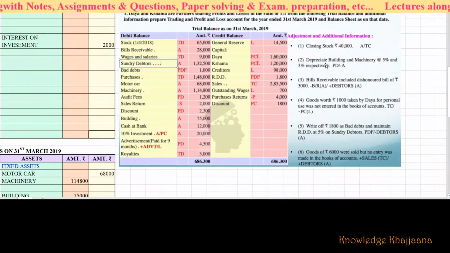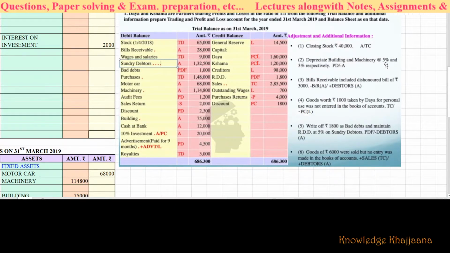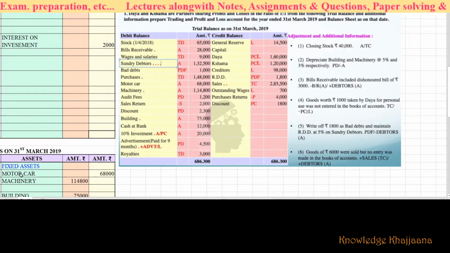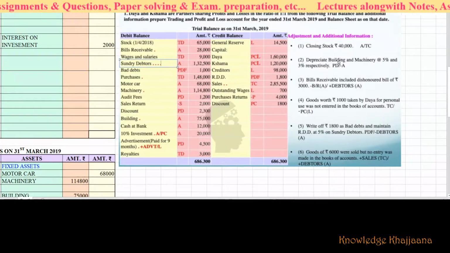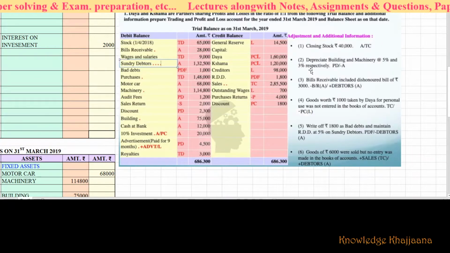Then depreciate building and machinery at 5%. First of all we will depreciate building at 5% and machinery at 3%.